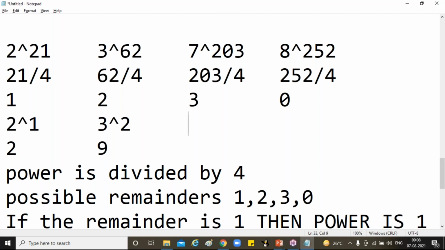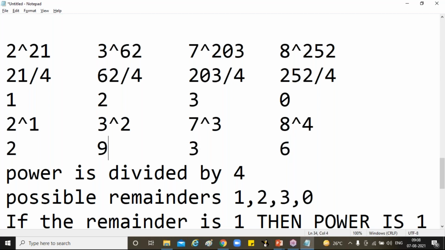Whenever the remainder is 3, 7 power 203 is replaced with 7 power 3, 3. Whenever the remainder is 0, the power becomes 4. 8 power 4 is 6.